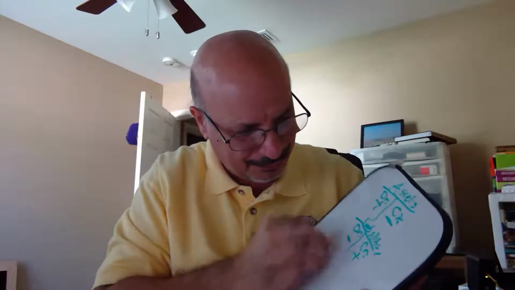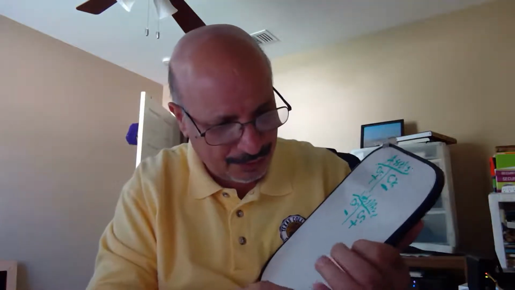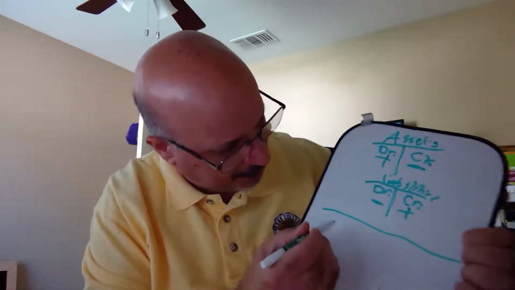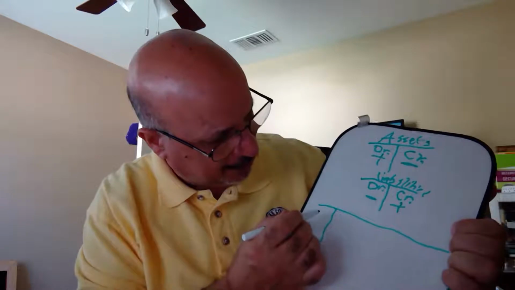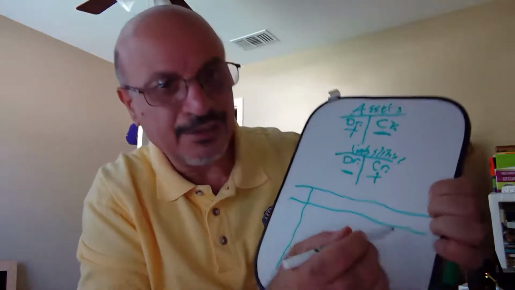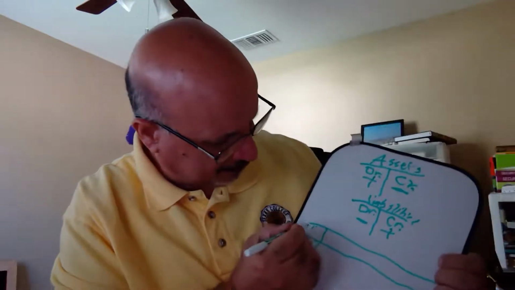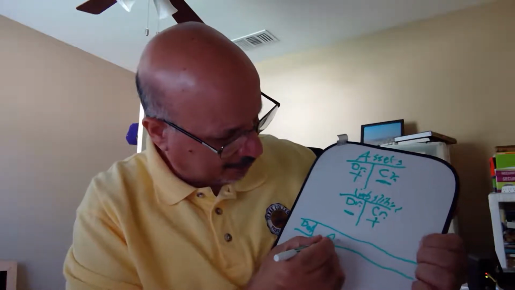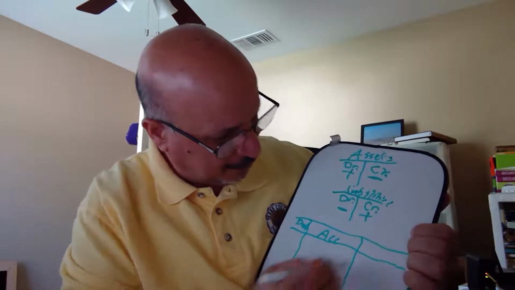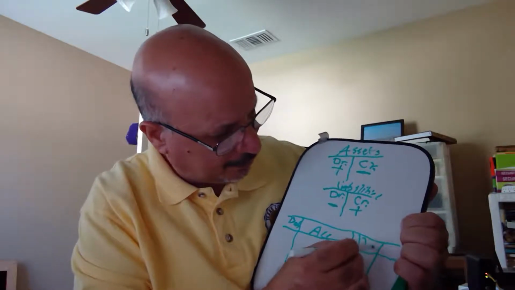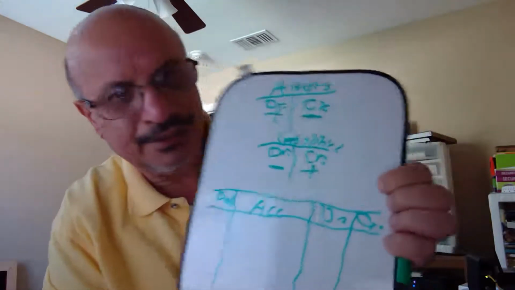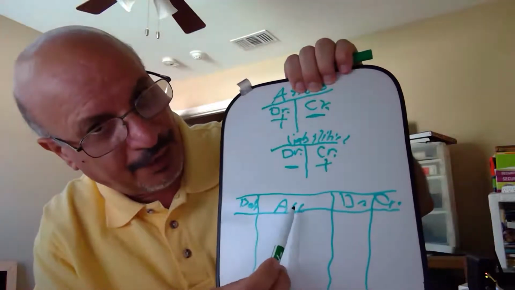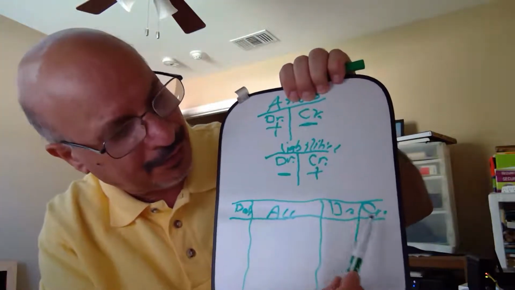Let me clear the page. All right, let me do a general journal page. Date, account, debit, and credit. See that? Date, account, debit, credit.